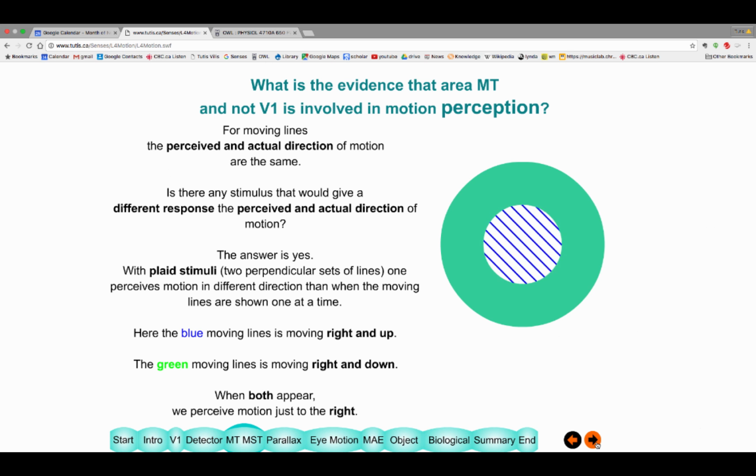When it's moving horizontally to the right, there is physically no line moving in this direction. It's an illusion. There are only lines moving up to the right, another set of lines moving down to the right. And yet you perceive this set of lines moving horizontally. So what if we use that as a stimulus?